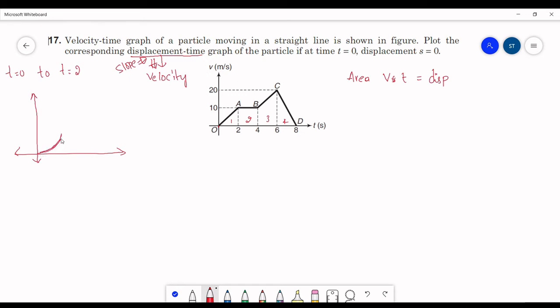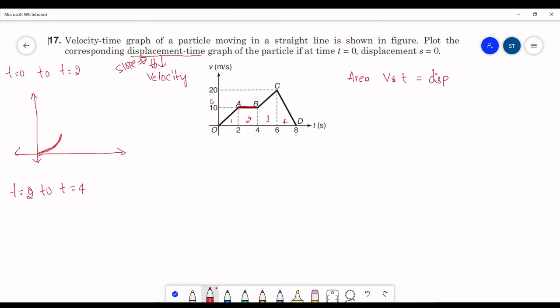Why is it a parabola facing upwards? We can check here. Velocity is continuously increasing, meaning the slope of the graph should be continuously increasing. So it should be a parabola facing upwards. Now see the second time interval from t equal to 2 to t equal to 4 seconds. Here velocity is remaining constant, which implies the slope of the displacement versus time graph should be remaining constant.